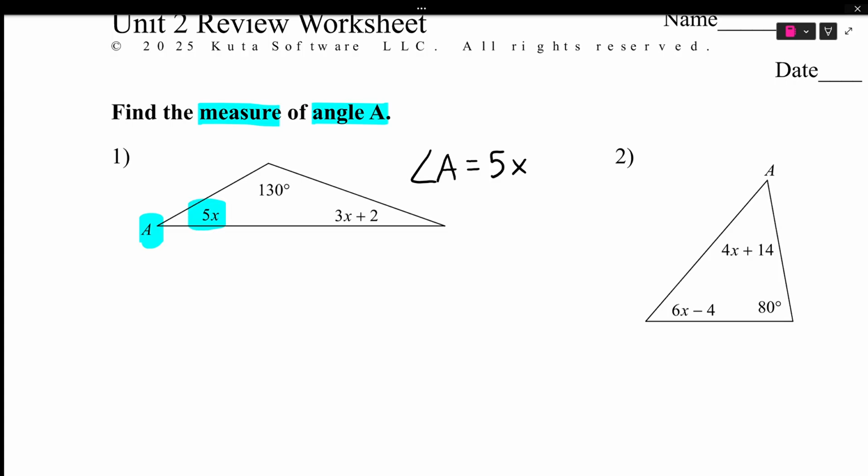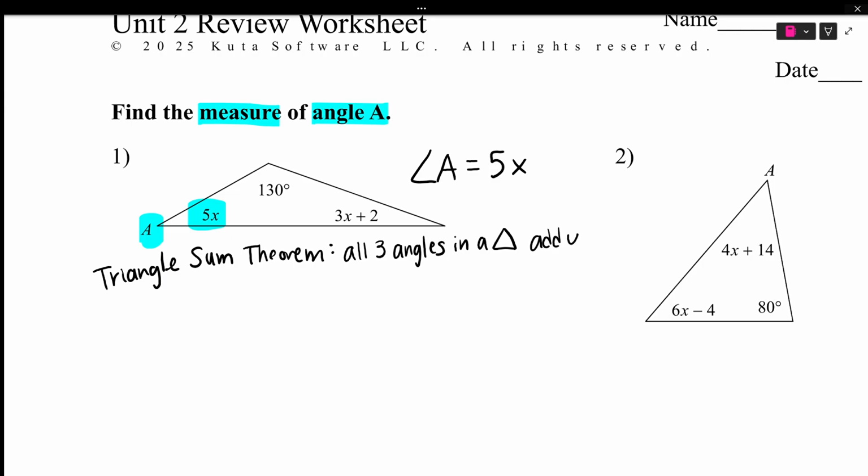We have to remember something we learned in chapter 1, the triangle sum theorem, which says all three angles in a triangle have to add up to 180 degrees.